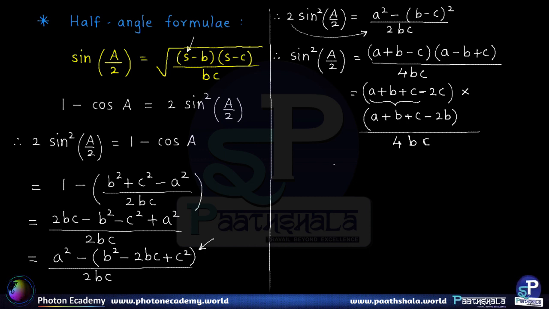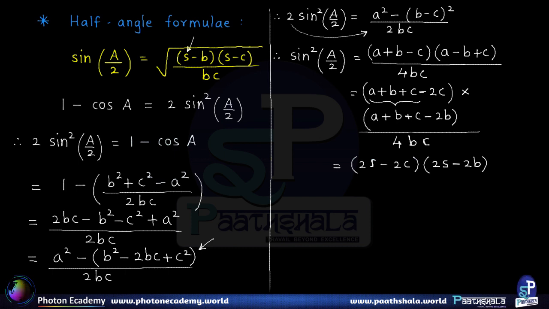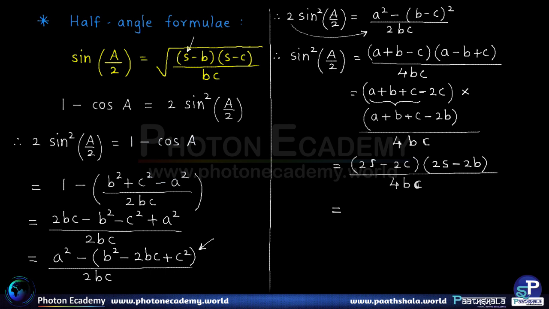So basically from the first bracket we can write 2s minus 2c, and in the second bracket we can write 2s minus 2b, whole divided by 4bc. So we can take 2 common from the first bracket as well as 2 common from the second bracket and cancel out with the 4 in the denominator.